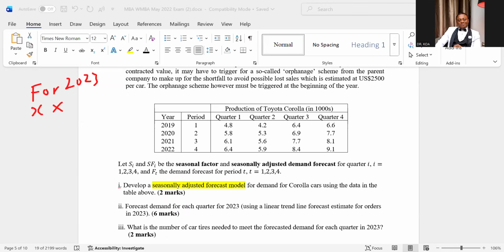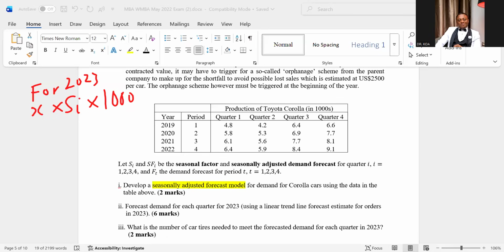So multiply that by the forecasted demand for each quarter. So write SI, because that's the forecasted demand for each quarter. Then you multiply that by 1,000, because it was measured in 1,000.